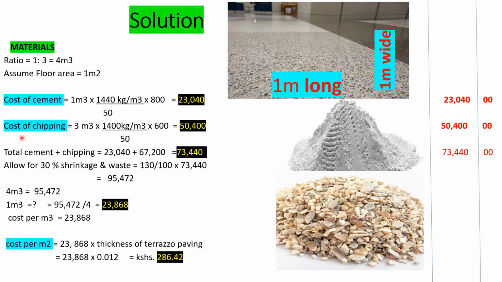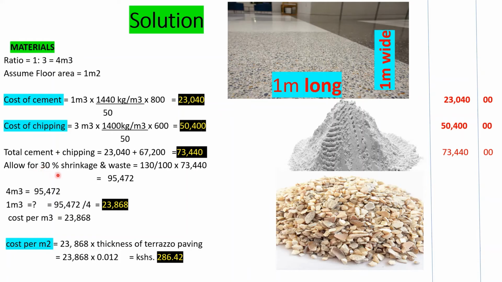23,040 shillings. The cost of chipping will be 3 meter cubic times the density 1440, and the cost is per bag, which is 50 kg, times 600. That gives us 69,120. Total cement plus chipping will give us 23,040 plus 69,120, that is 92,160.